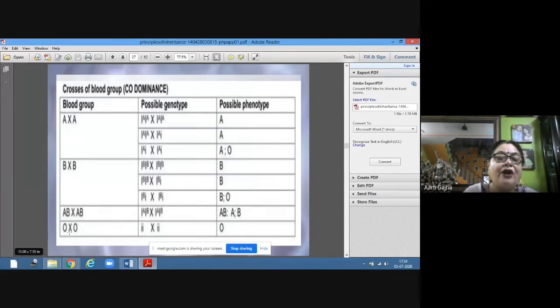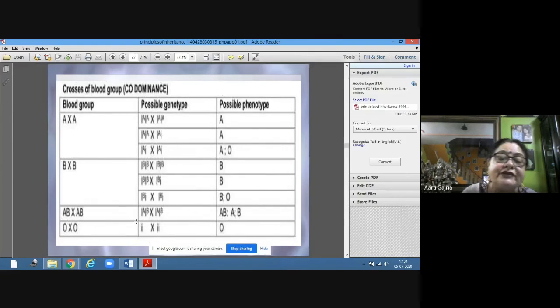Now if AB and AB is there, what are the possibilities? If both the parents are AB, the possibilities are AB, because suppose one is contributing A and another one is contributing B, the blood group would be AB.